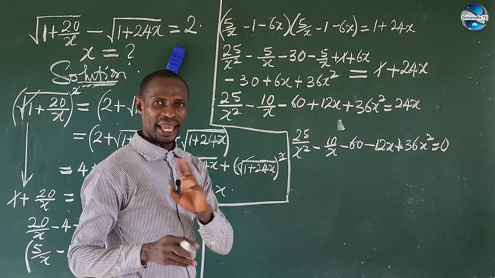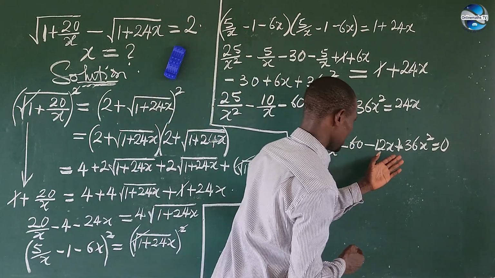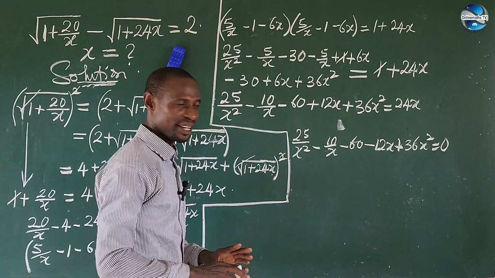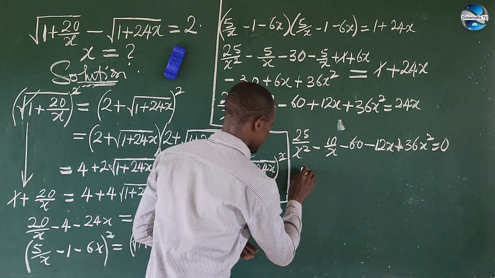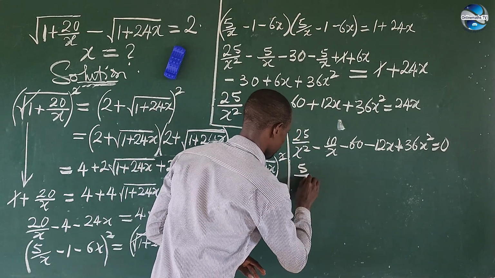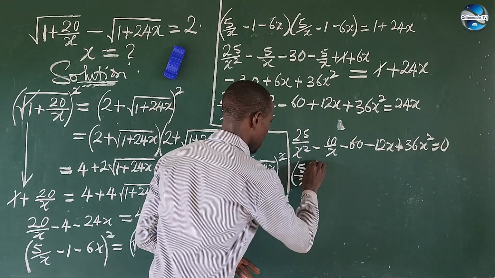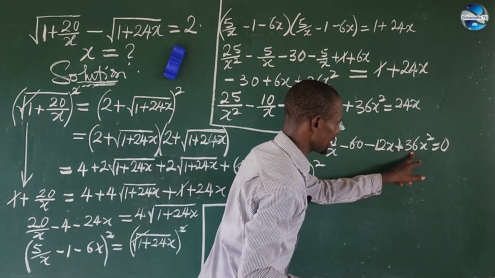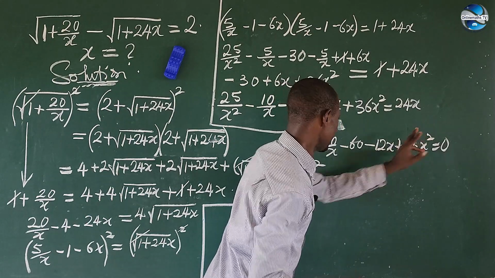All right, so from here, I'm going to rearrange this because this is where the beauty of this radical equation comes in. I can write this as 5 all over x all to the power of 2, right? I can equally write this as 6x to the power of 2, right? Good.